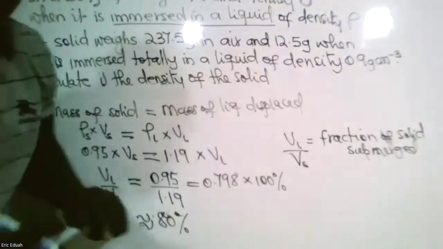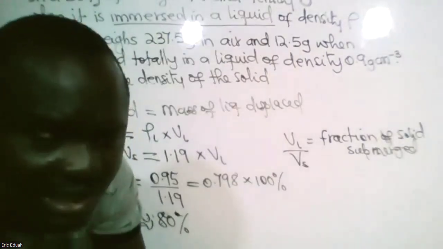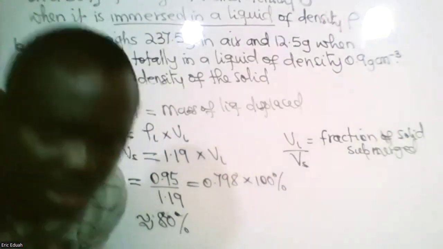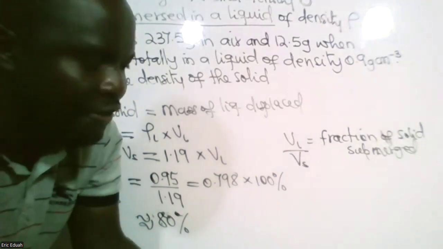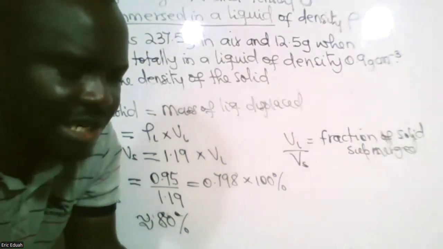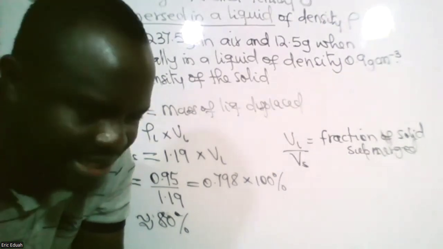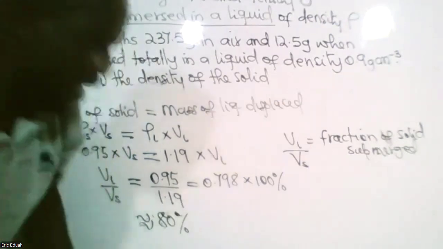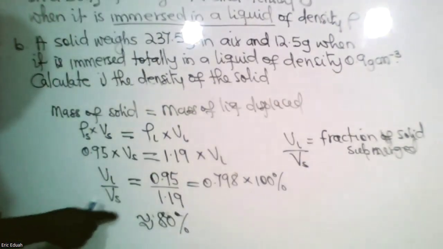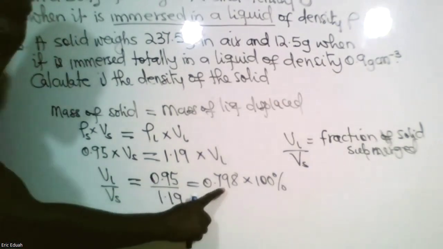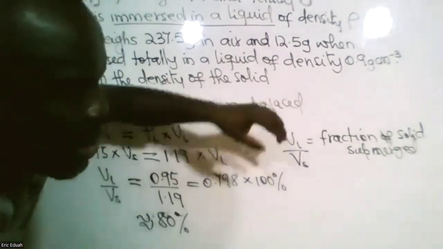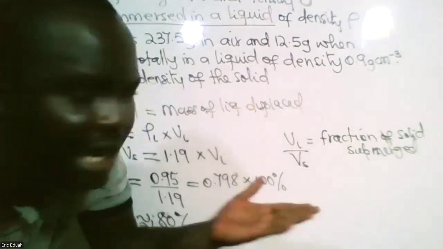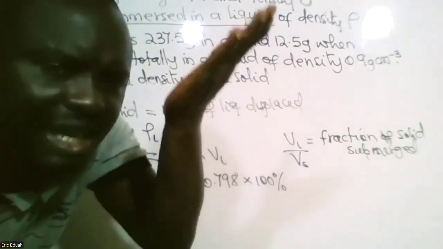Meaning VL is the part under the water, VS is the entire volume of the solid. And that is exactly what the question asks. Calculate the fraction of the solid submerged in a liquid. Fraction, part out of total. So this fraction, approximately 80%, means that we have 80% of the solid submerged in the liquid and only 20% above the liquid.